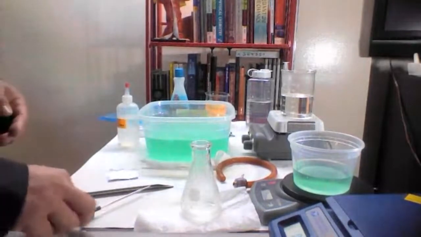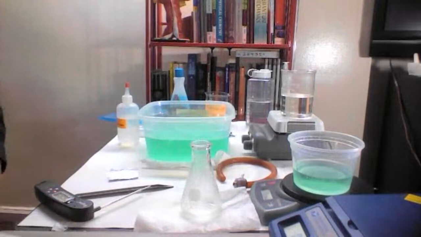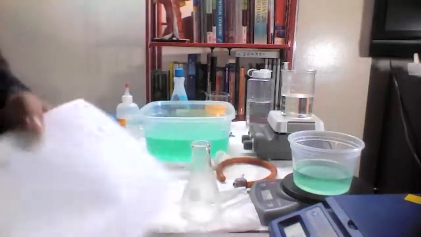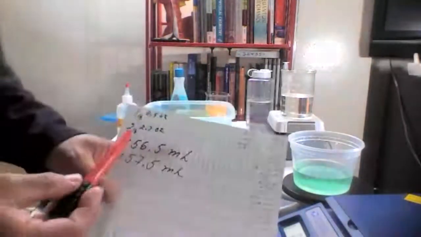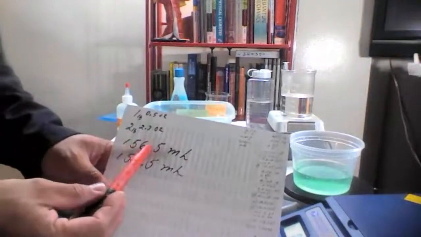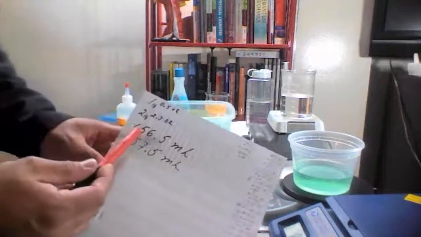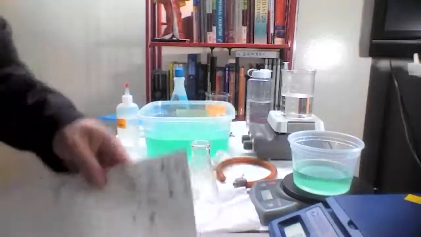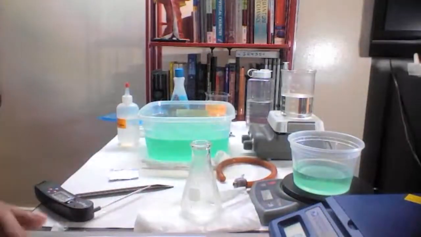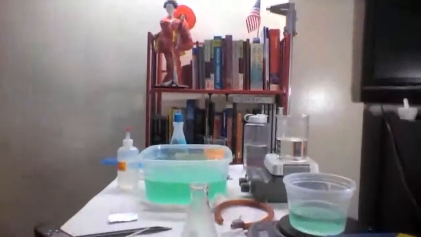And what we do with these masses is, if you have a mass of 156.5 grams, that's the same in milliliters, because the density of water is 1 gram per milliliter. So every time you recorded the mass in grams in there, we just change the label to milliliters because it's an equivalent quantity. Okay, let's move on.